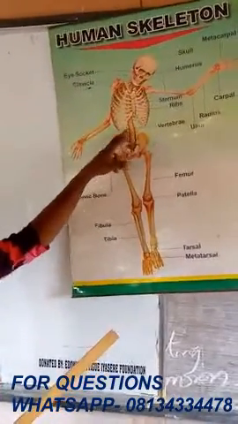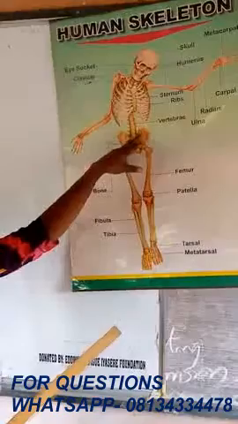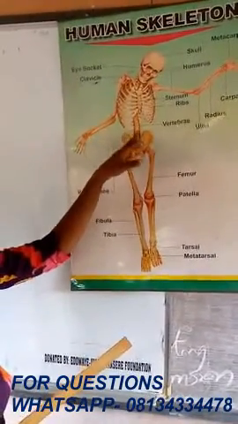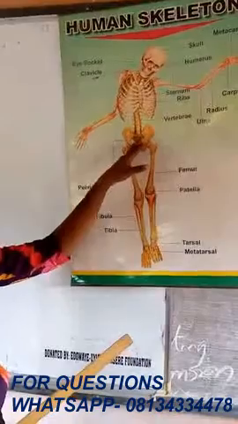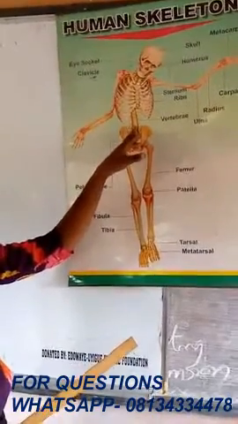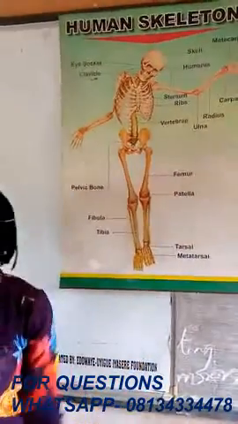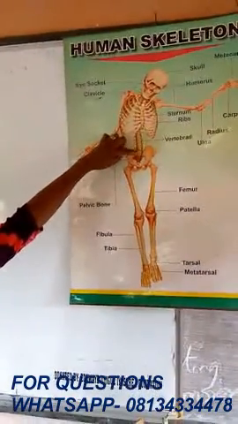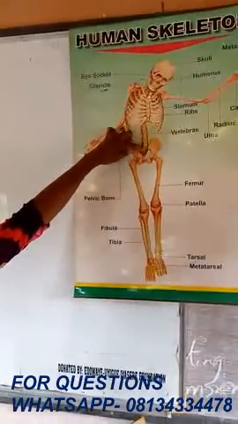And you go to the hip region, where you have 5 vertebrae, which are called the sacral vertebra. The sacral vertebra has a narrow neural spine, very narrow.